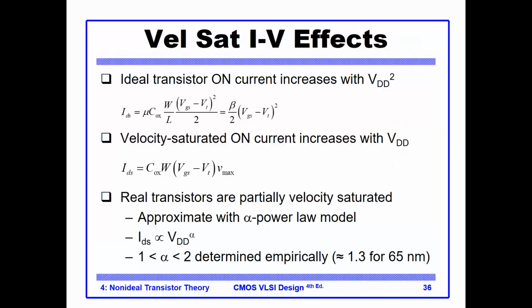Okay, all right. Now, because of velocity saturation, the nice current relationship where the current increases quadratically with VGS minus VT ceases to operate. And now we have new functions, right?